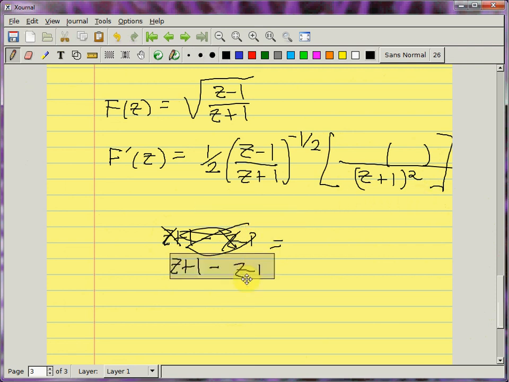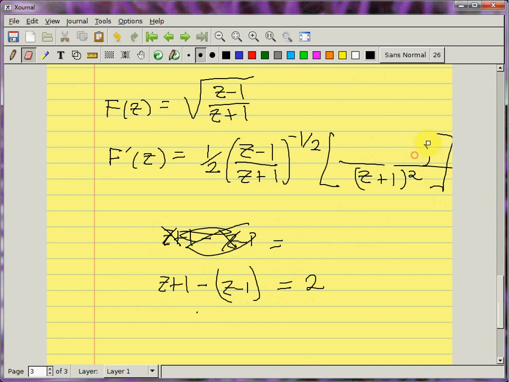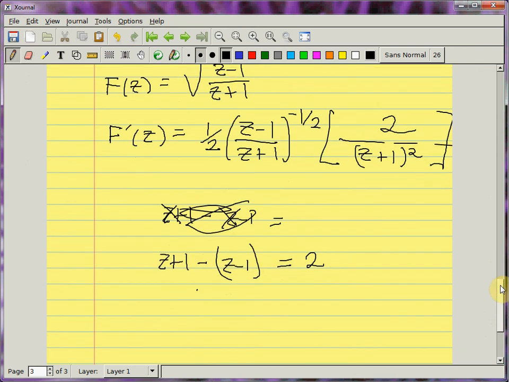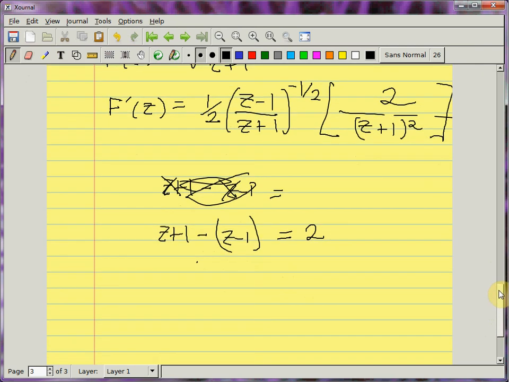I lost my parentheses, so this is the same thing as 2. So I'll just write 2 up here. All right, and that's it. And so let's do another one.